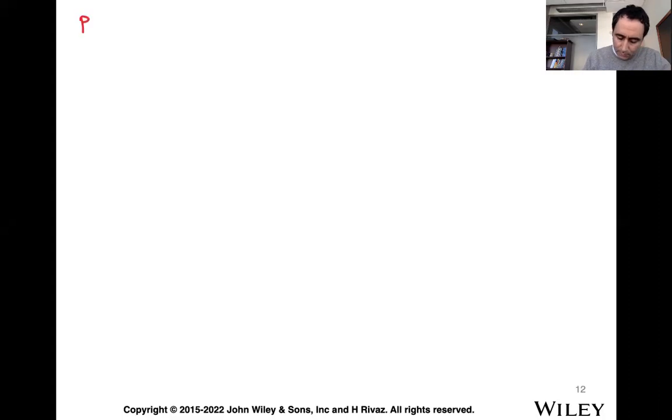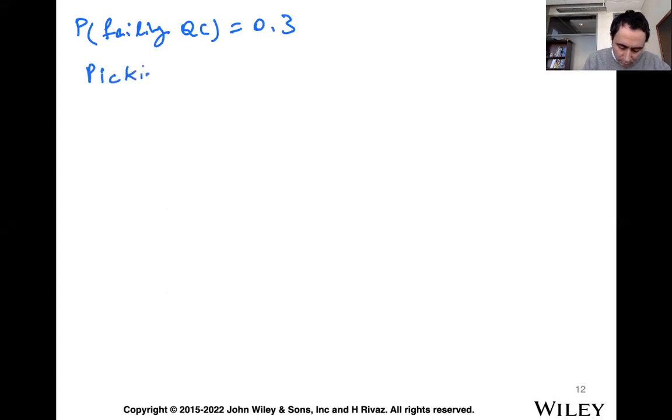The probability of failing QC. The question tells me that if I pick one rocket, the probability of that rocket failing the QC is 30%, 0.3. And I'm picking 10 rockets, so my n is 10.